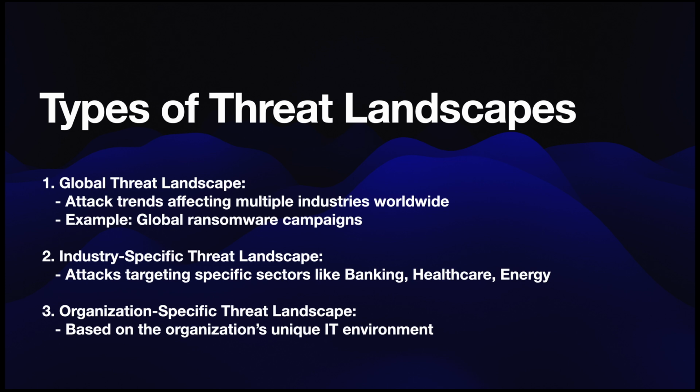For example, healthcare is often targeted for patient records, which are valuable on the dark web. Third, the organization-specific threat landscape. Every organization has a unique landscape depending on its IT setup. For example, a company using outdated software has a different threat landscape than a well-updated company.